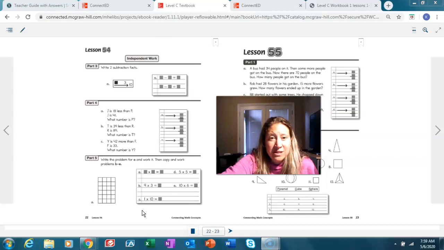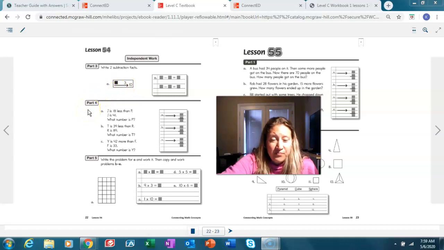Okay, you're going to work these in your notebook. So for part 3, you're going to write down the 2 subtraction facts that would go with this number family. Okay, so first you need to figure out what the other small number is, and you write down the 2 subtraction facts, the one that goes back in the arrow, and then the other subtraction fact.